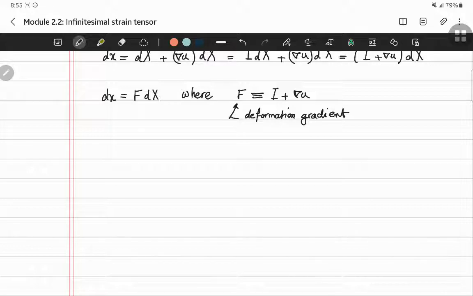All right. We already mentioned that we have a current and a reference configuration, and of course, each element in these two configurations has its own length.